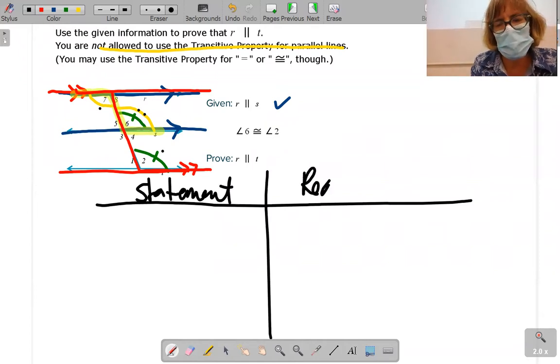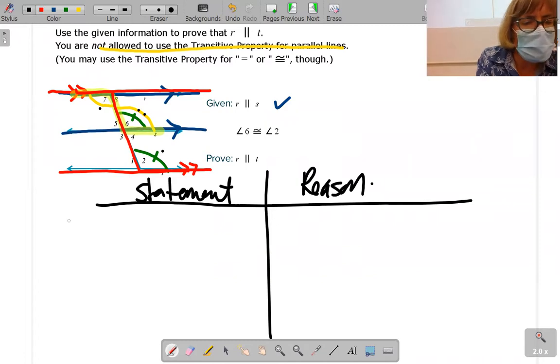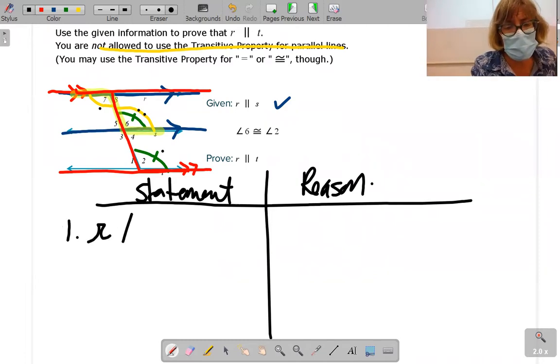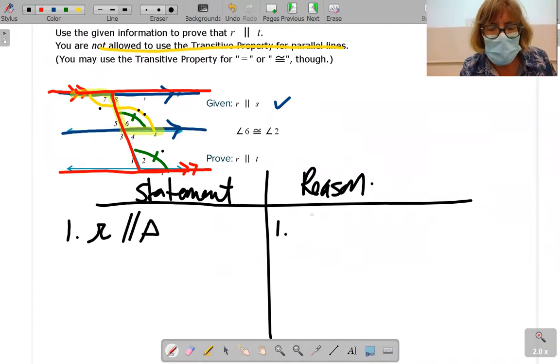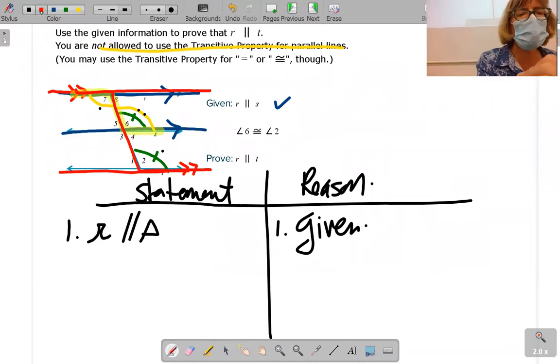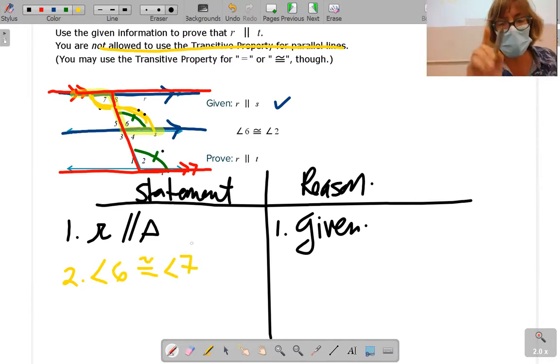Statement, reason. So number 1, I know that R is parallel to S. Now I'm going to find what's immediately true because of that. What's immediately true because of that is that angle 6 is congruent to angle 7.